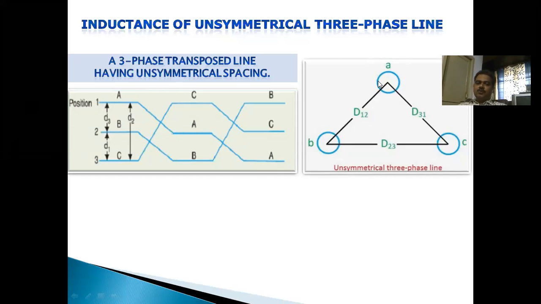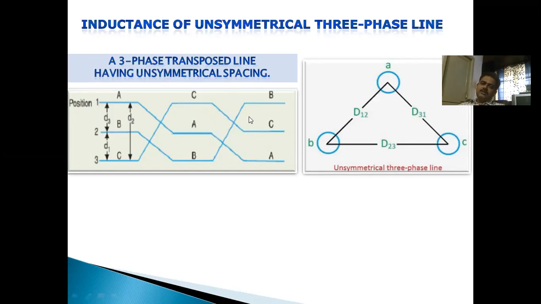That means at the first 1/3 distance, the position of conductor A is here. In the second 1/3 length, the position of the conductor is at position B. Previously conductor B was here, now it is moved here. This conductor is moved here. Again conductor C is moved to position A. So again the same thing repeats after a distance.